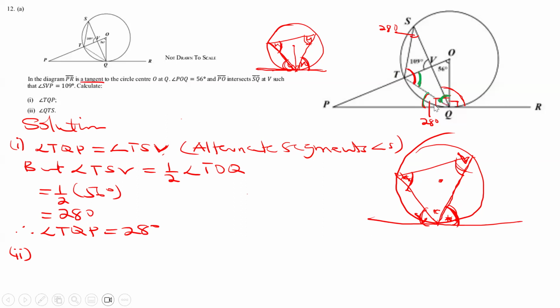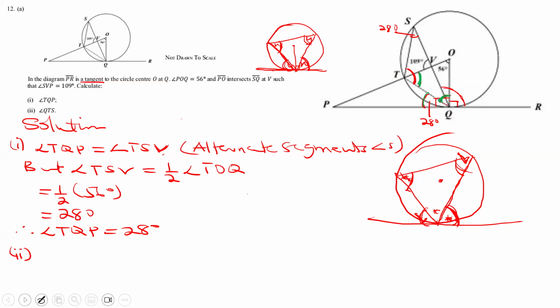Is that clear? So the entire angle here from this line, which is OQ, to this line PQ, should be 90 degrees. Is that not it? However, you know this to be 28. So it means the remaining angle here.